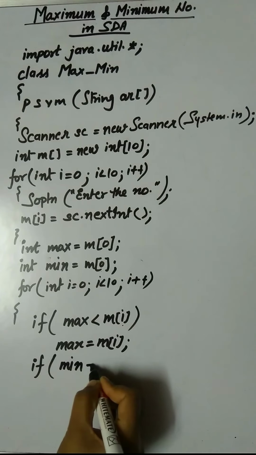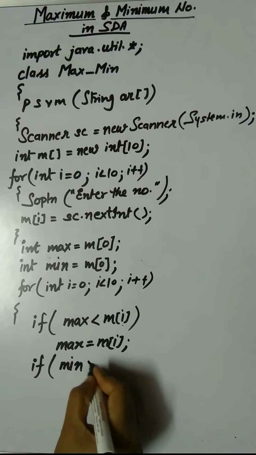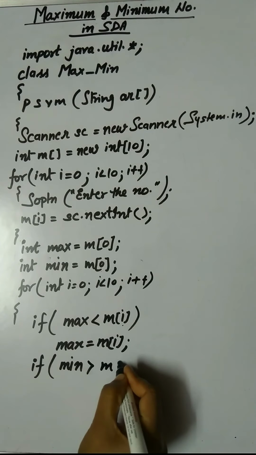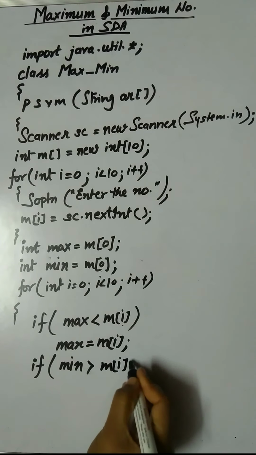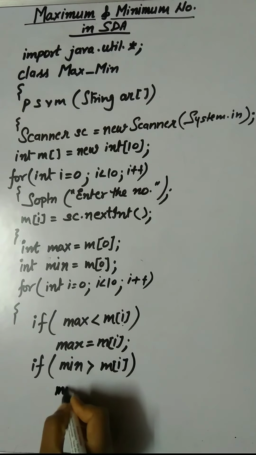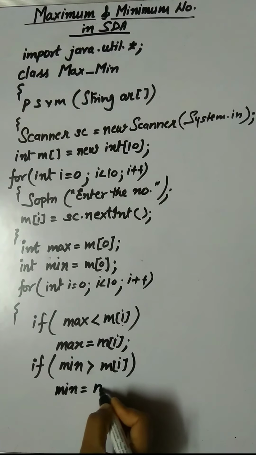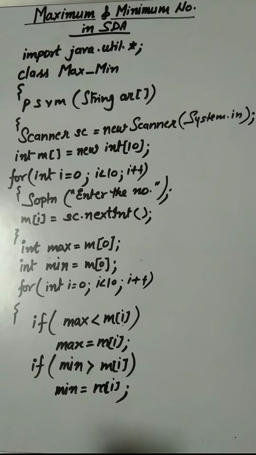If min is greater than m of I, okay, if this condition is true, min is equal to m of I. And here close the loop.